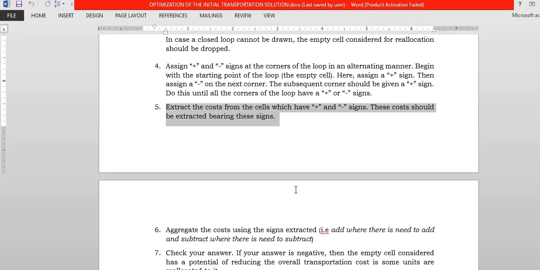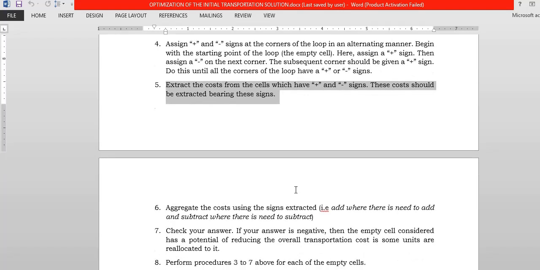These results, you should check them to ensure whether they are positive or negative. When the results are positive, that simply means that the empty cell you have just tested for possible reallocation should not be considered, because a positive answer means that particular cell will just bring about an additional cost to the overall transportation system.